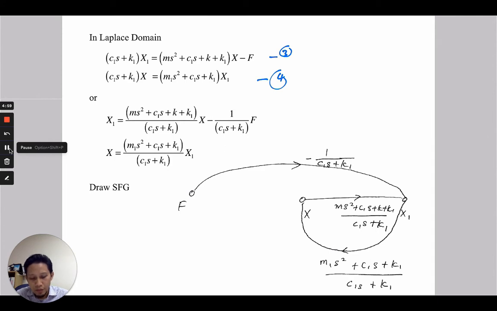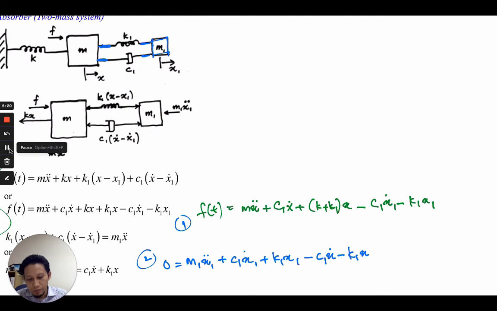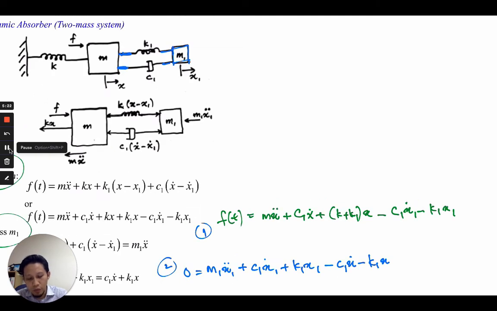To draw the SFG, remember, we now have 3 parameters: x, x1, and f. Our input is given by Fs. Based on this diagram, our output is x1. So we want to find x1 over F.